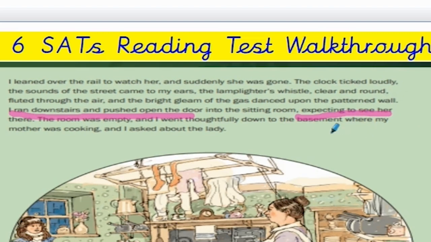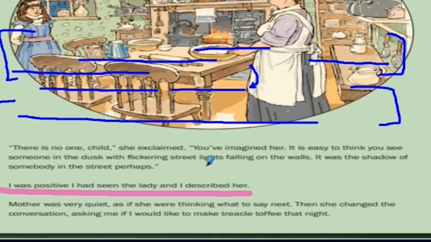So this is also evidence that she's very curious. And the fact that she wants to ask her mother who this lady was. Again, she's very curious as a person. She wants to know more. Okay? And you could say that she's determined because further down the text, she doesn't want to just take her mother's explanation. She's positive that she's seen her. So we've got some character traits there for Penelope, and we've got some evidence.